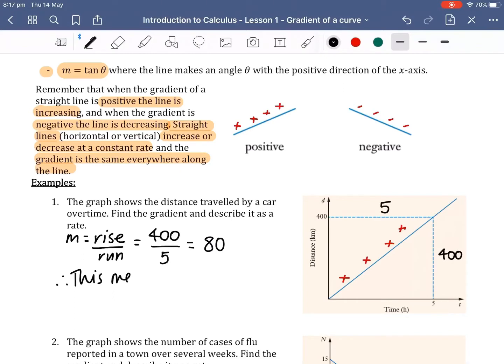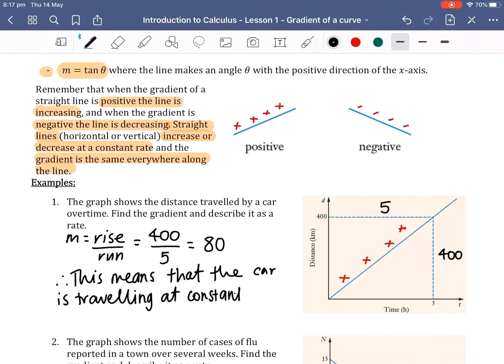So this means that the car is travelling at a constant rate, or let's change rate for speed, of 80 kilometers per hour.